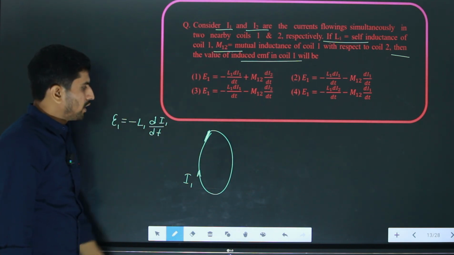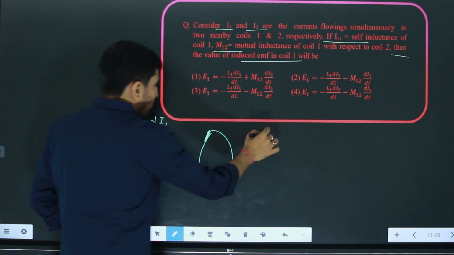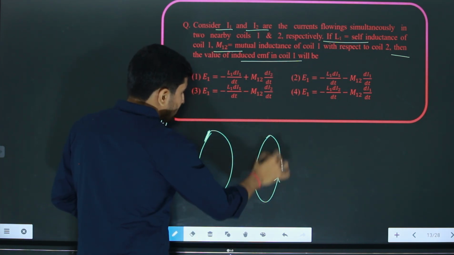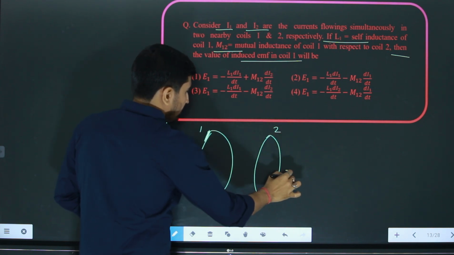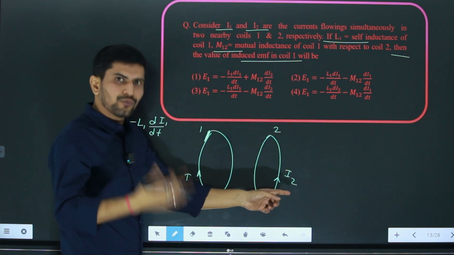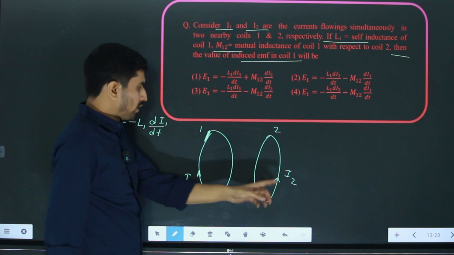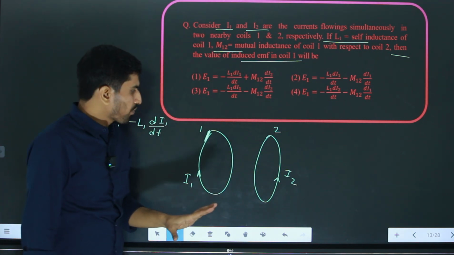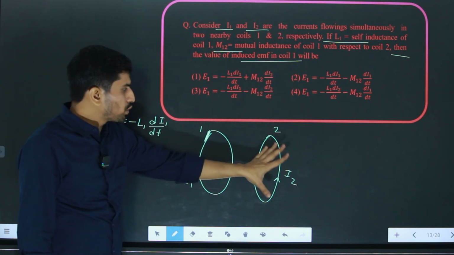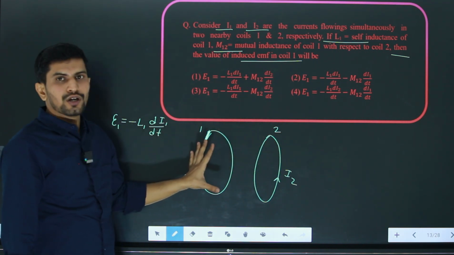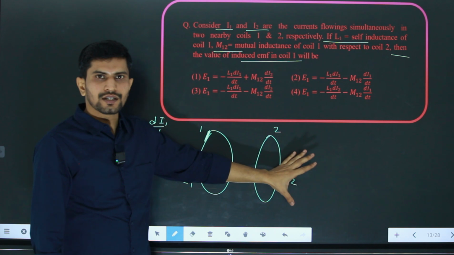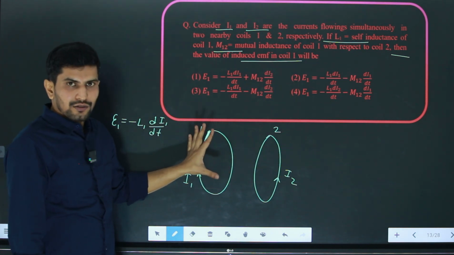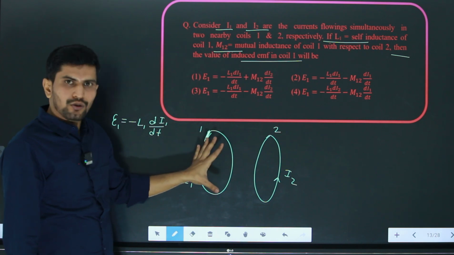Now, if you place one more coil in the vicinity of another coil, and in the second coil, you keep one more current which is also varying with time, then according to the principle of mutual induction, the magnetic flux due to coil 2 will penetrate into coil 1, and as the electric current changes in coil 2, it will cause some induced EMF according to Faraday's law in coil 1.